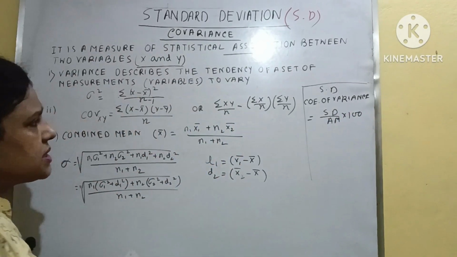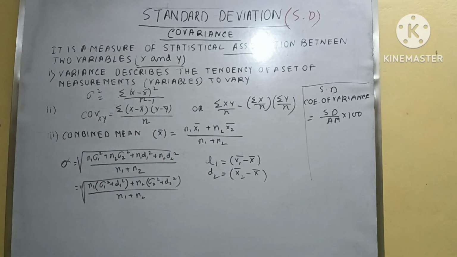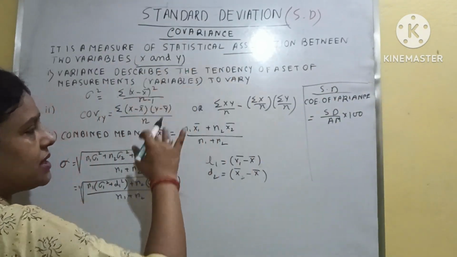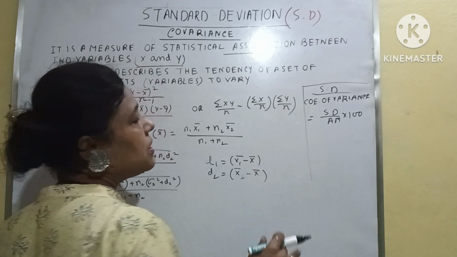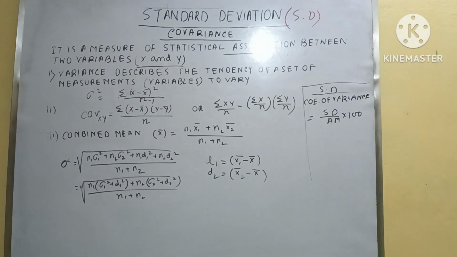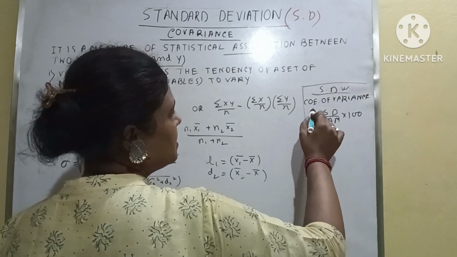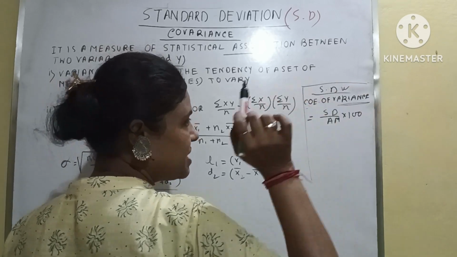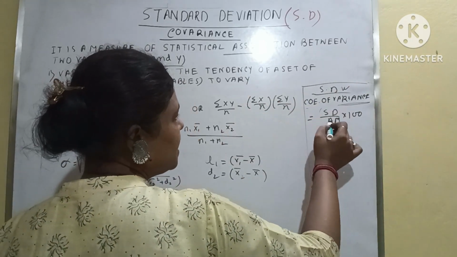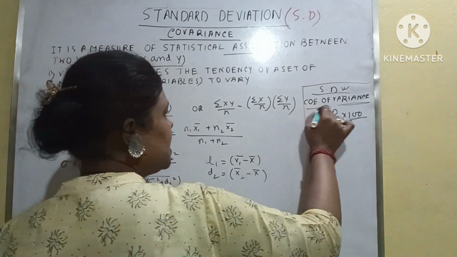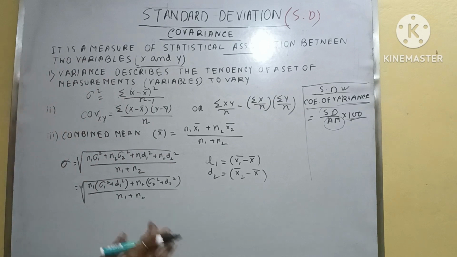This is another thing, obviously not related to that. I just forgot to explain this in the previous problem. So if SD is there, then the coefficient of variance in percentage is the SD divided by the arithmetic mean into 100, by which we can easily calculate. So let's continue with this.